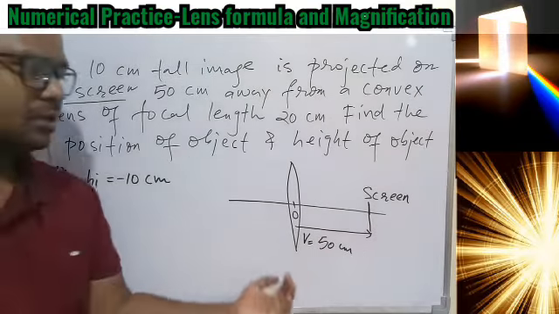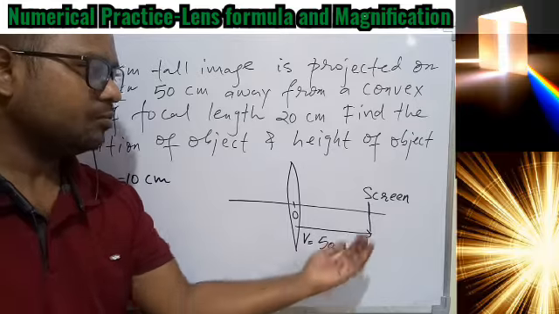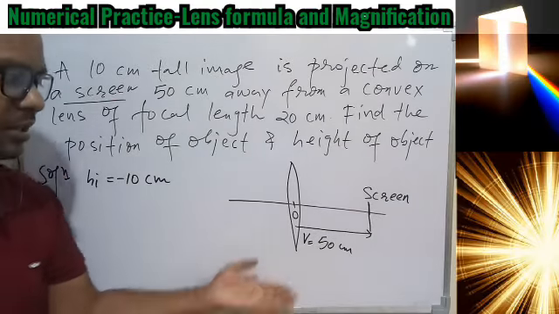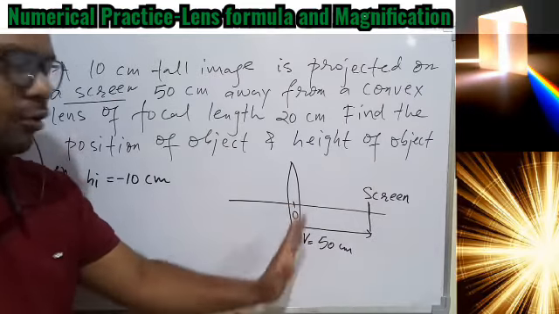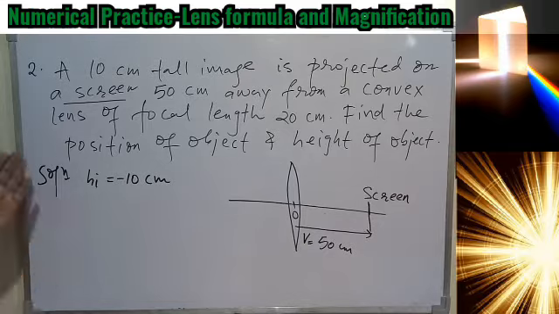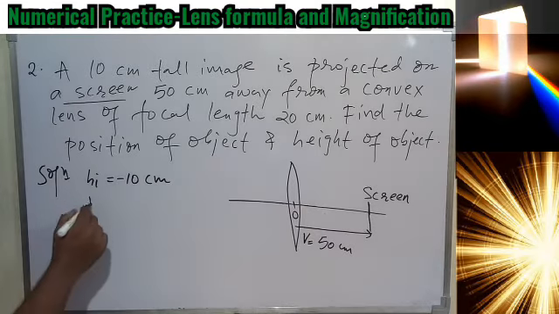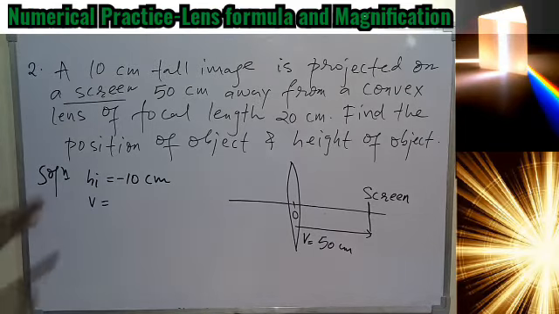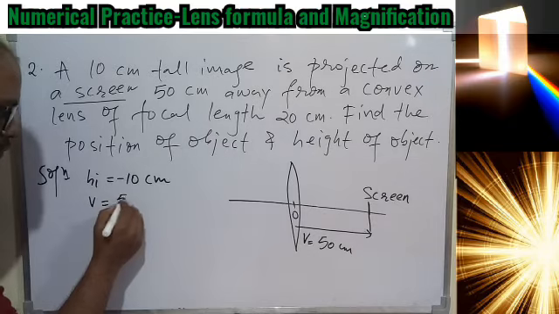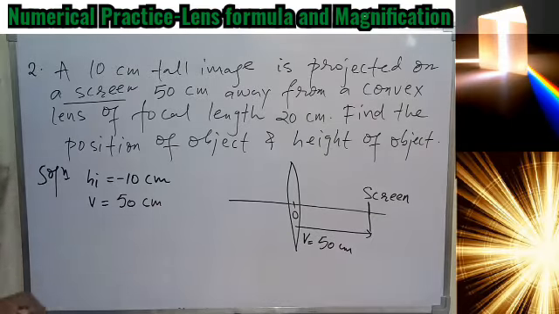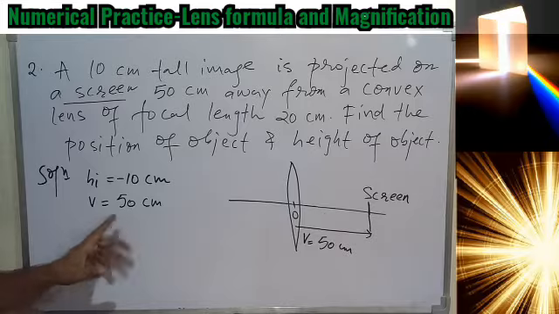So we are obtaining the image on the screen, and the distance between the screen and the lens will be nothing but the distance of the image from the lens. So from here we are getting the idea that the distance of the image is 50 centimeter, and we know if the image is real it will be right hand side, and right hand side we take it positive, so we will take it positive.